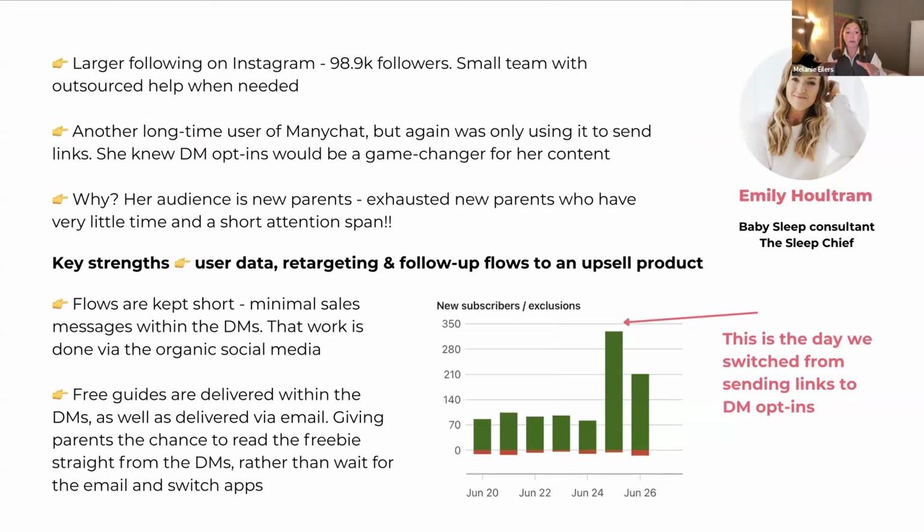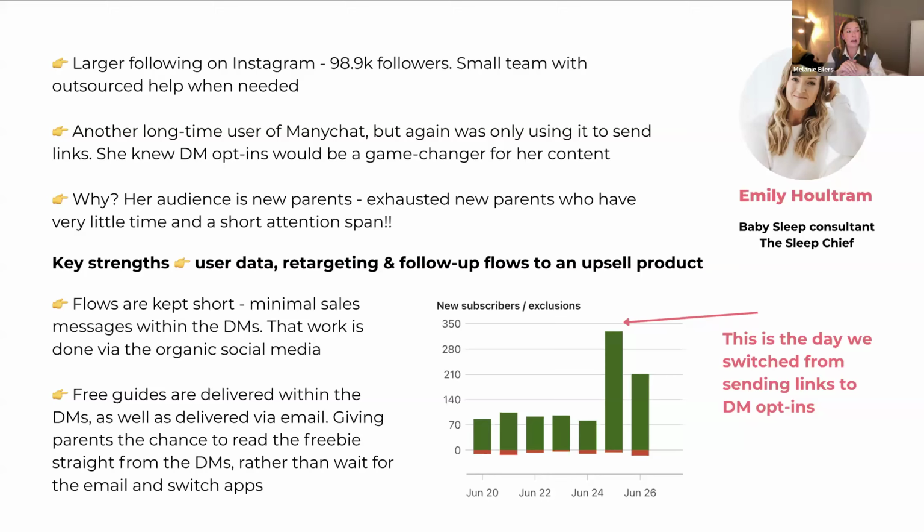And just as an example there, in the green box there, the day that we turned on her Manychat automations was June 25th. And you could see the average daily opt-ins that she was getting was between 70 to 100, still considerable. We turned on Manychat with the opt-ins within the DMs, and her email list absolutely skyrocketed.